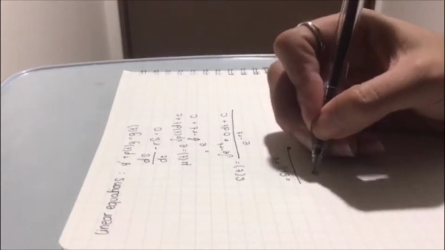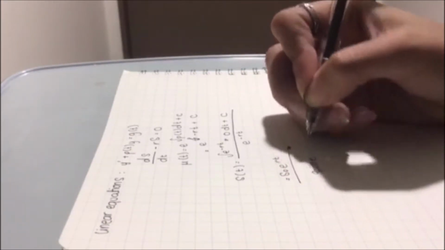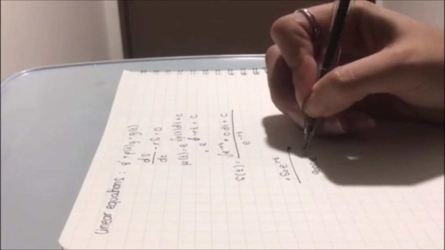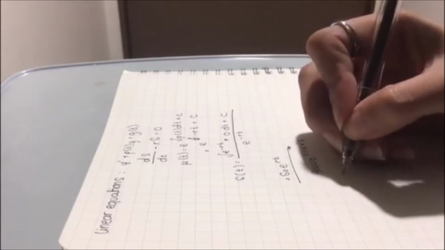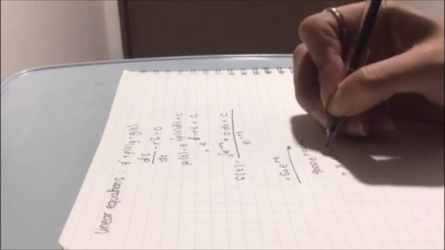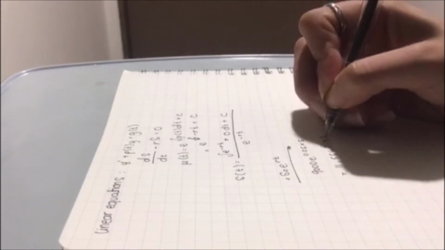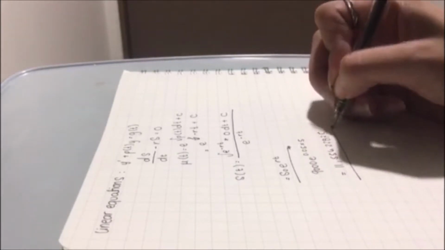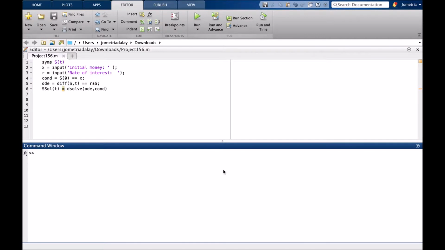We will be getting the equation 9,000 times e raised to 0.05 times 5. With all this, we will be getting the amount of 11,556.22875.